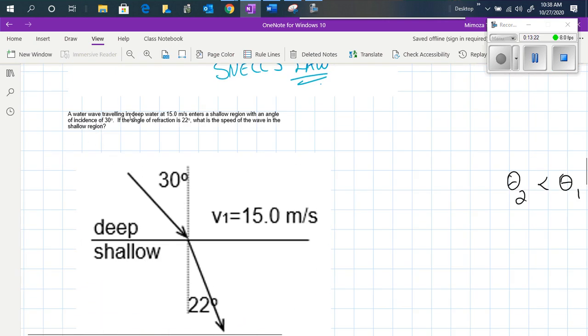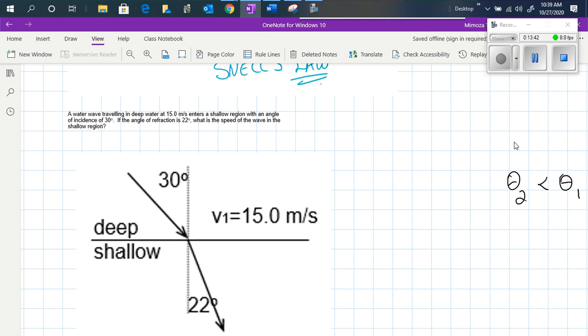A water wave traveling in deep water at 15 meters per second enters a shallow region with an angle of incidence of 30 degrees. The angle of refraction is 22. What is the speed of the wave in this shallow region?